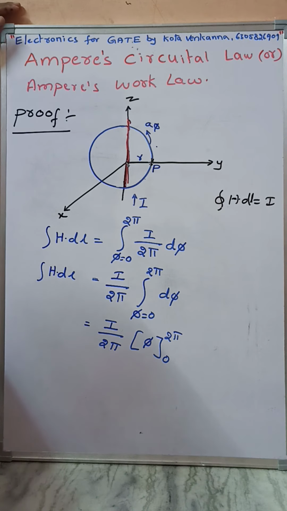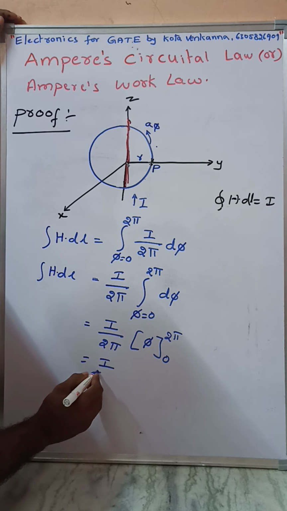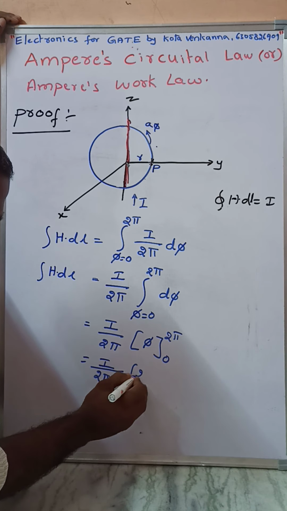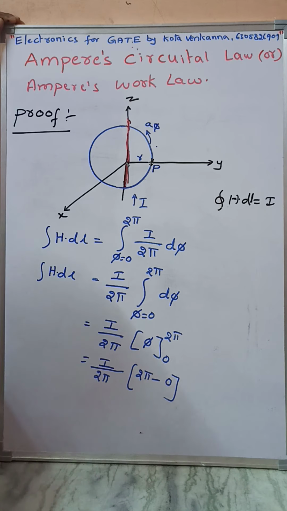So we have to apply the limits. This can be written as I by 2 pi, upper limit 2 pi minus lower limit 0.